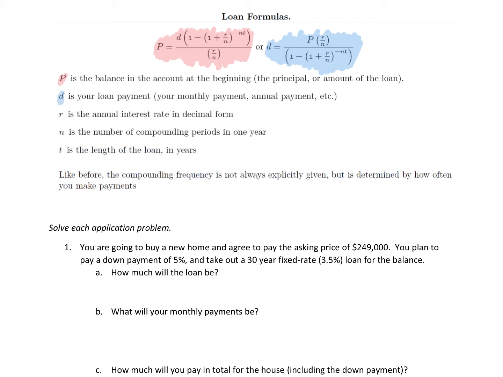So you would want to use the second formula, which is just the first formula solved for D. So depending on what you're missing, if you're looking for the principal or the original amount, you would use the first formula on the left. If you're looking for the amount you'd have to pay each month, you would use the formula on the right. Sometimes it won't give you the number of times it's compounded in a year. If it's not explicitly stated, you would just match that number, the N, with the number of payments you make per year.